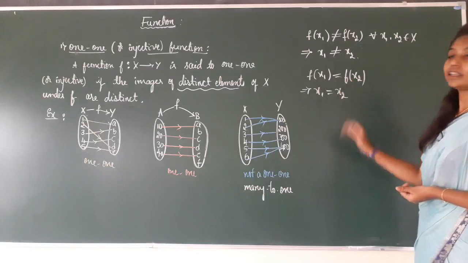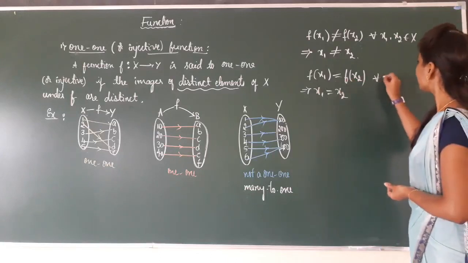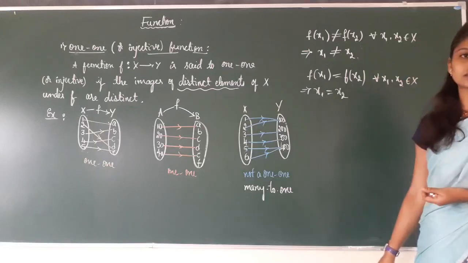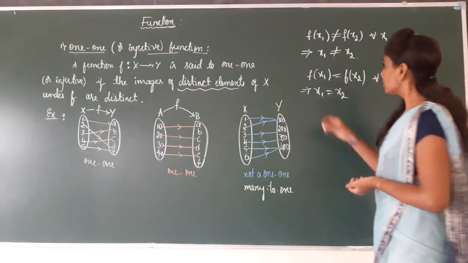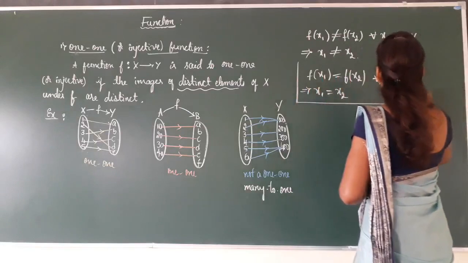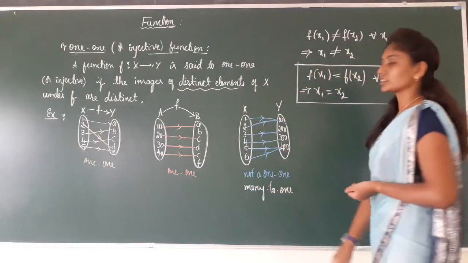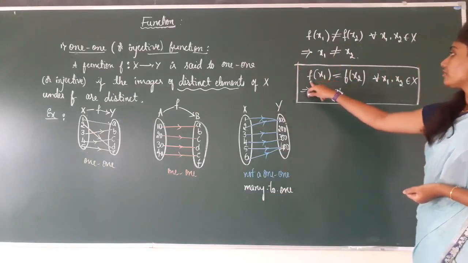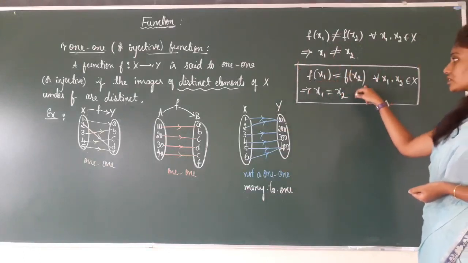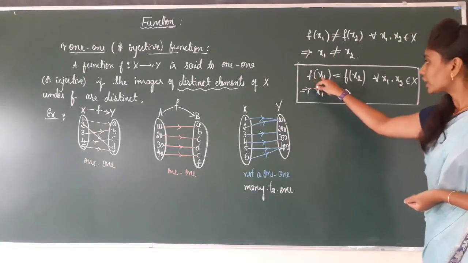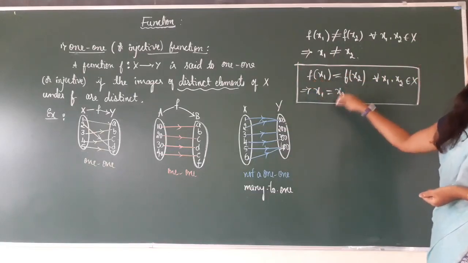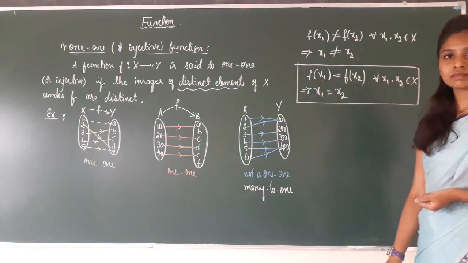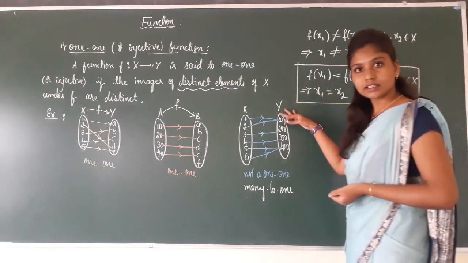Those elements are equal, for all x1, x2 belonging to the set X. This is the mathematical definition of one-one function or injective function. If f of x1 is equal to f of x2, this implies x1 is equal to x2, for all x1, x2 belonging to the set X. Is this clear?